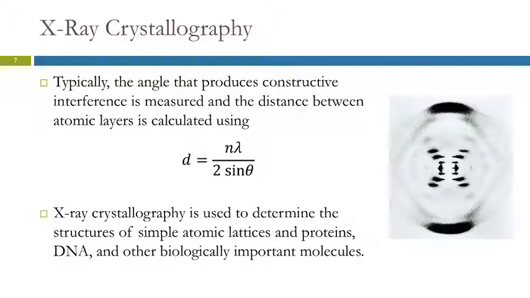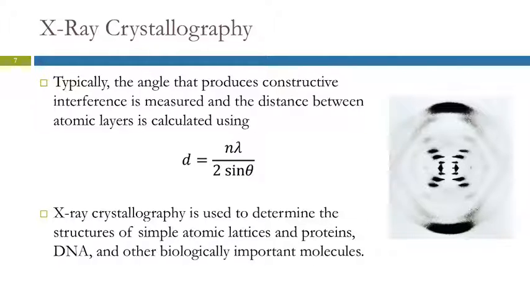So typically what they do is you shine the X-rays on this crystal and you vary the angle. And as you move the angle, you see that you're getting either a bright spot or a dark spot. You see that the interference changes.